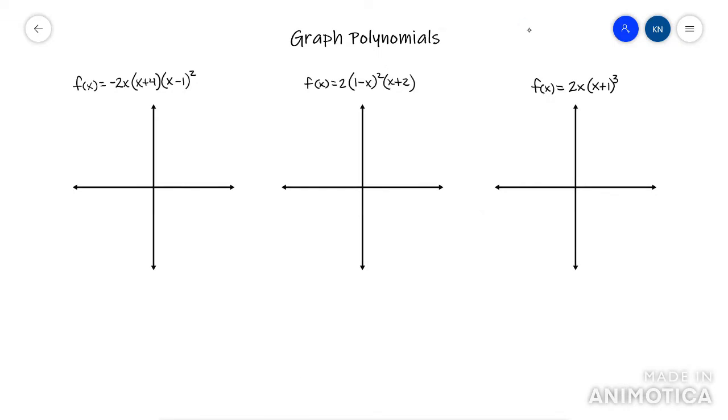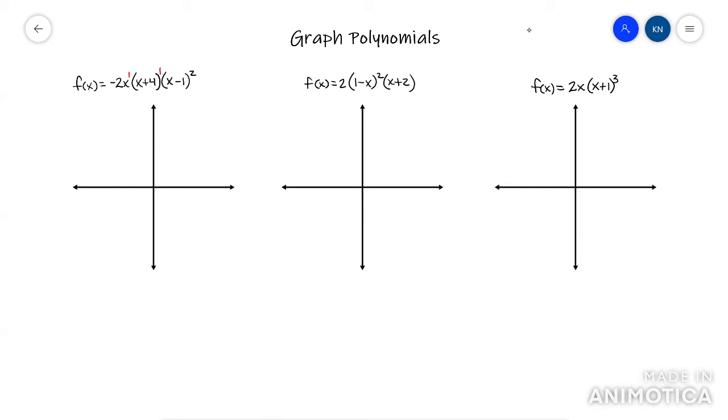This first one, the first thing that's going through my mind when I look at it is what's the degree? This x right here is like x plus 0, basically. It has a degree of 1. Then this next one, the x plus 4, has degree 1.